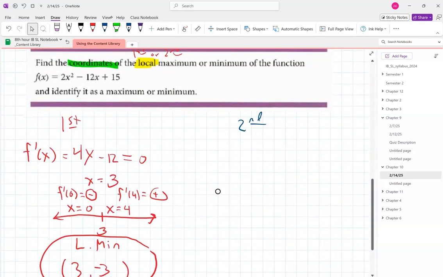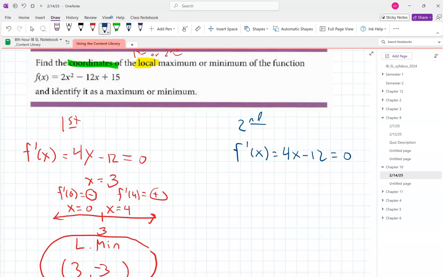If I was going to do the second derivative test, again, I start the same way. I find the first derivative. And then I set it equal to 0 or find where it's undefined. I still get x equals 3. Then I take the second derivative. What's the derivative of 4x minus 12?